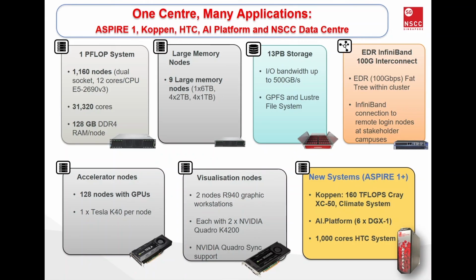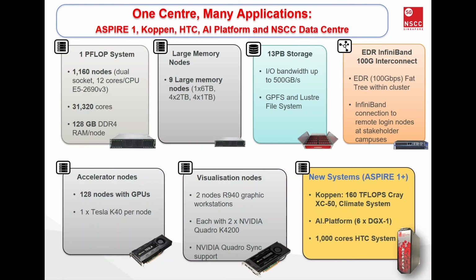A common component across all these nodes is they are diskless, and all the nodes are liquid cooled. We have two visualization servers which are configured with 2x NVIDIA Quadro K4200 GPU cards for high-end visualization.